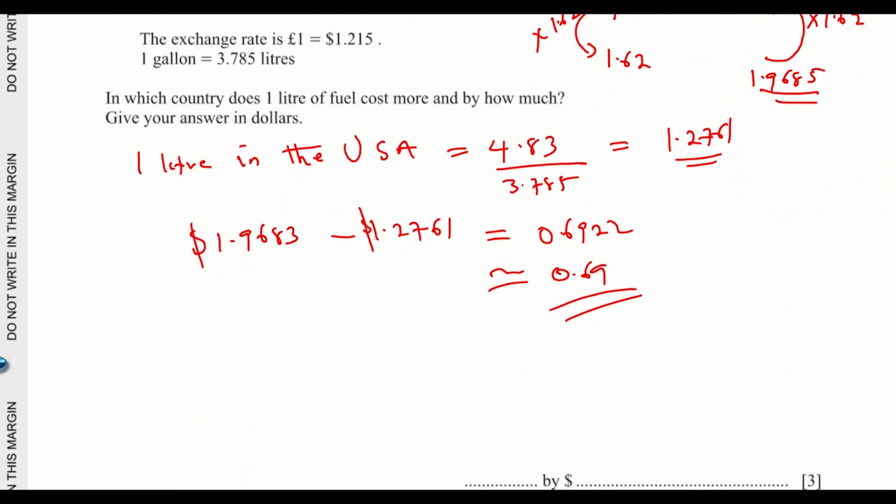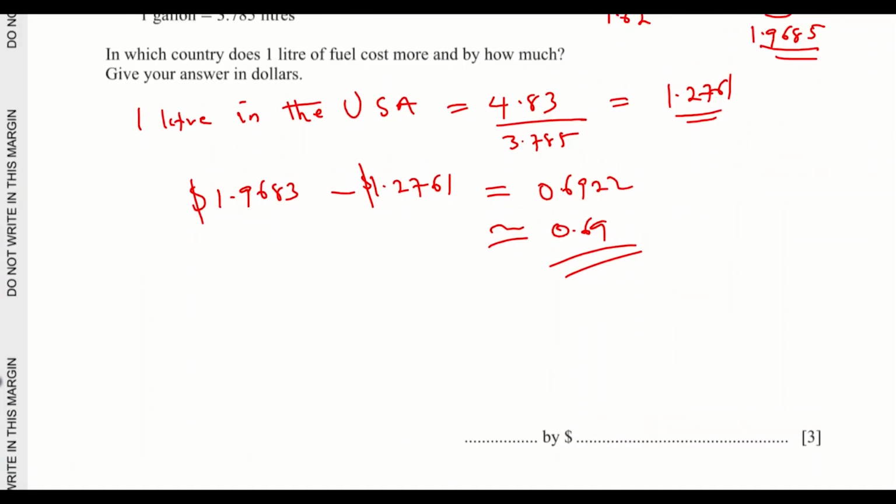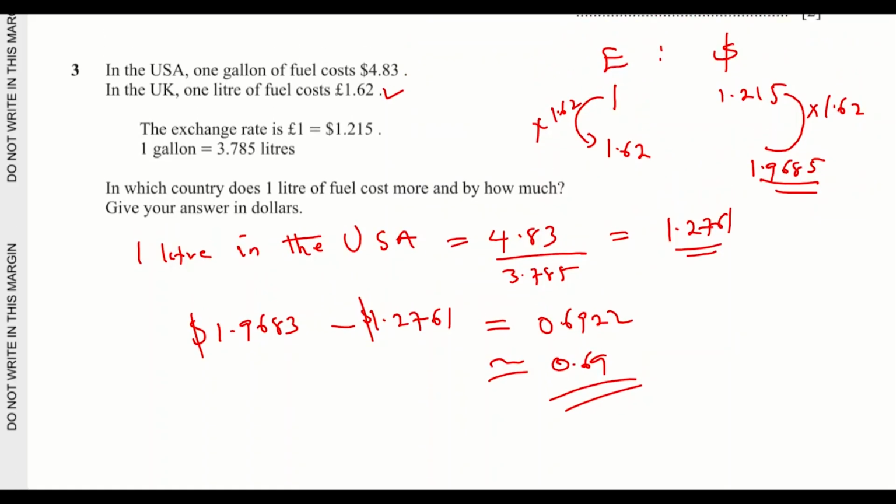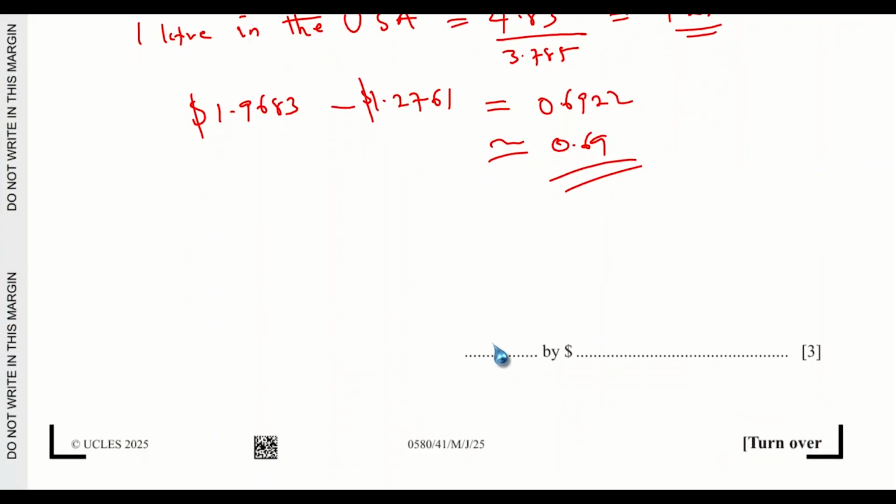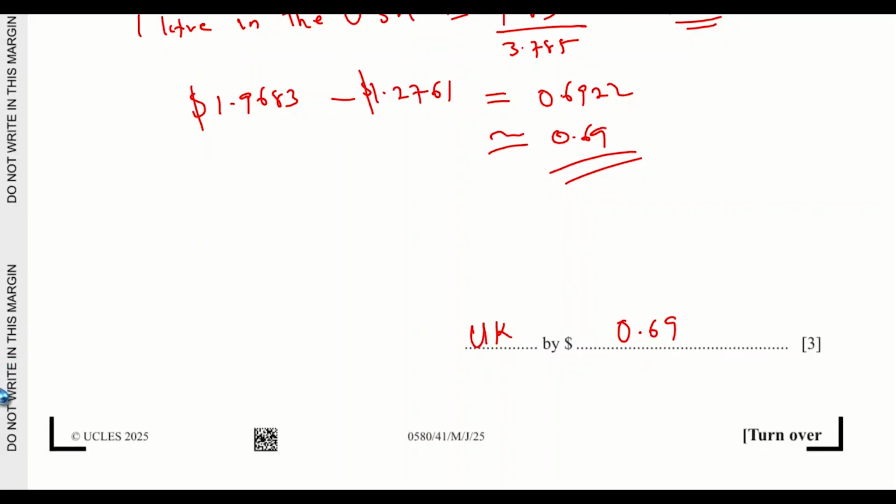So that is what we can write. It is more expensive in the UK by 0.69. So let's go down and write in the UK by 0.69.